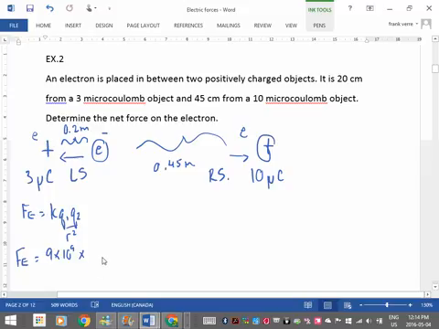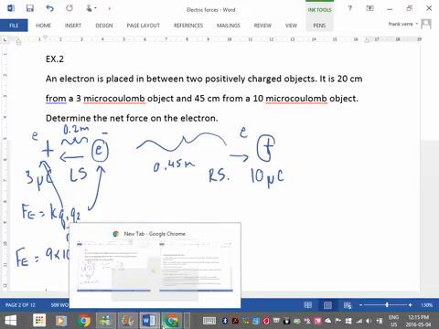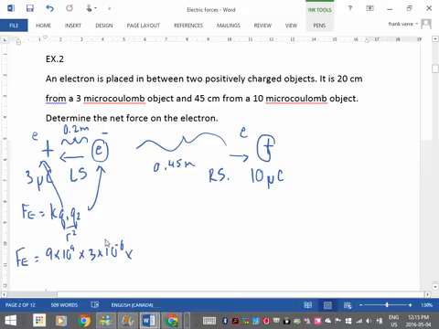What's a micro? 10 to the what? Yeah, very good. It's 3 times 10 to the negative 6. Now, Q1 would be this positive source. Q2 would have to be then the electron. So what's the charge of one electron? What did we define it as?